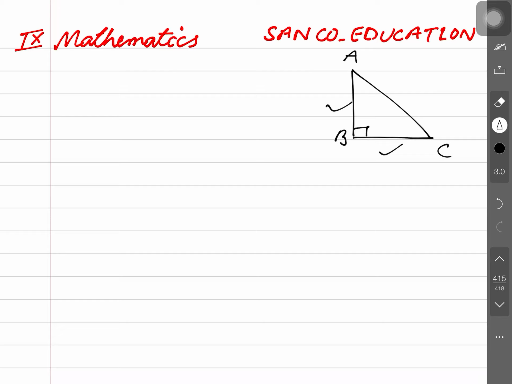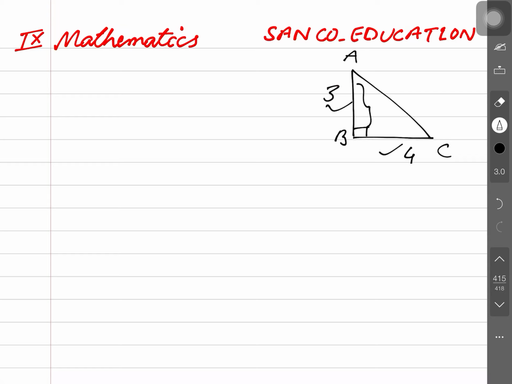Always the vertical line is not necessary to be the perpendicular. This is representing a quantity like 2, or any very convenient number I am taking, so that it can help you understand this: 3 units, and I am taking this as 4 units.